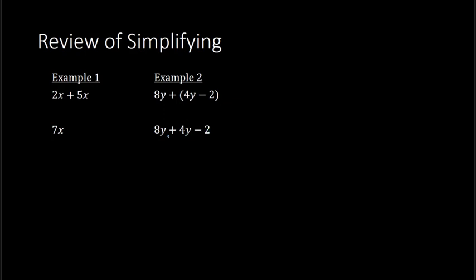So from here to combine, I notice that 8y and 4y are like terms. They both have a y with them. So to combine, I have 8y's plus 4 more y's. I add 8 plus 4, which gives me a total of 12. So I have 12 y's, or 12 times y. And then the minus 2 would be out here at the end.